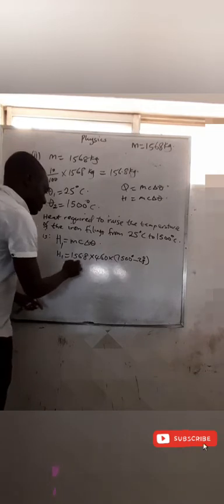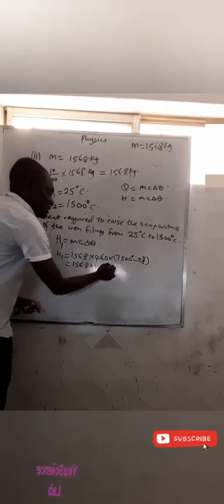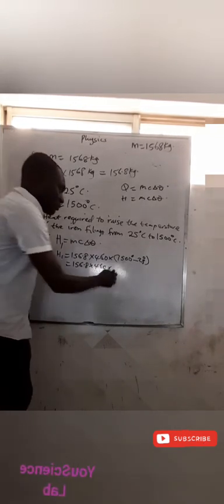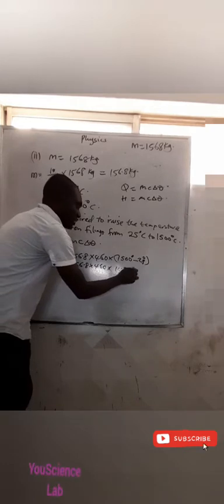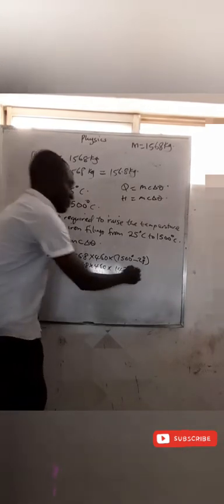So I'm going to have 156.8 times 460 times... subtract this for me quickly. 1475, isn't it? Yes. So multiply all of this together for me.